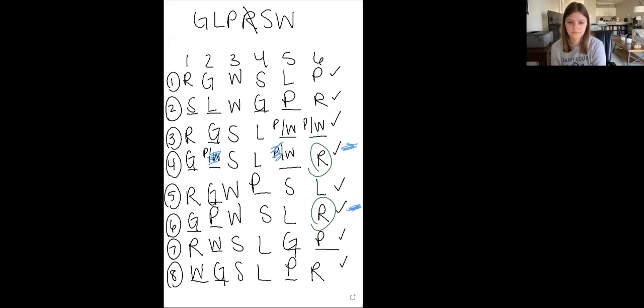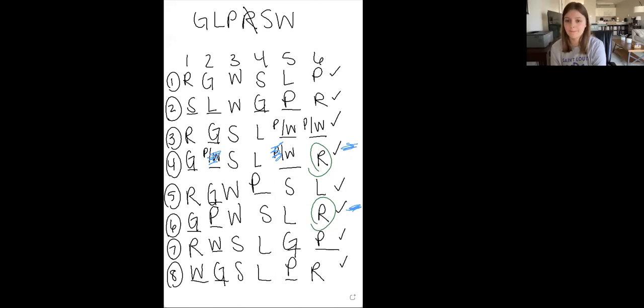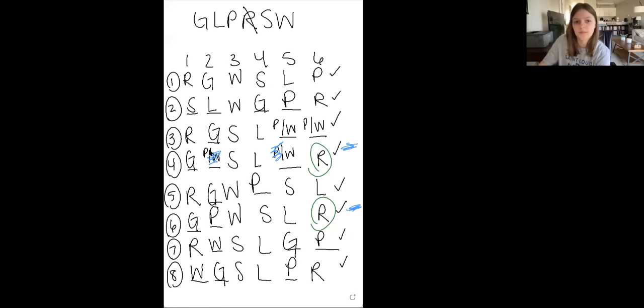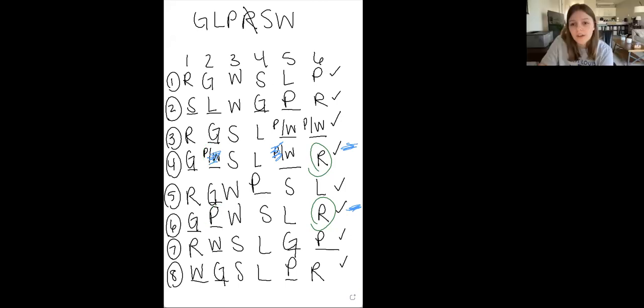Is it S and W for 3? P and W? No. Well, unless you're looking at this, but again, if P is in 2, that's our given answer, so they're not going to give you that. Look at that one.